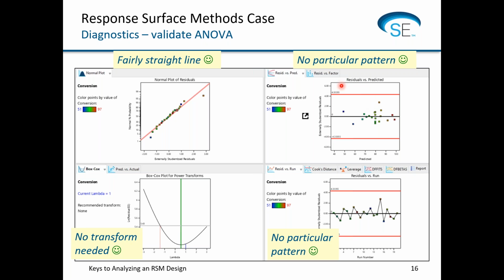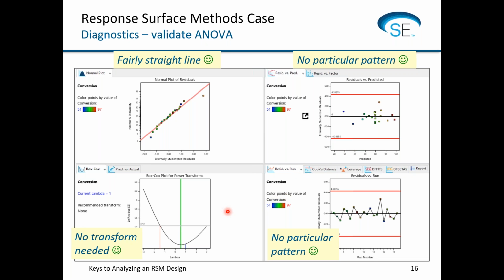Don't even consider it to be an outlier unless it's actually outside those red lines. And just by the way, the location of those red lines changes depending mostly on the number of runs. So a larger design is going to have these lines tightened up, and a smaller design, like an 8-run design, is going to have those red lines spread farther apart.